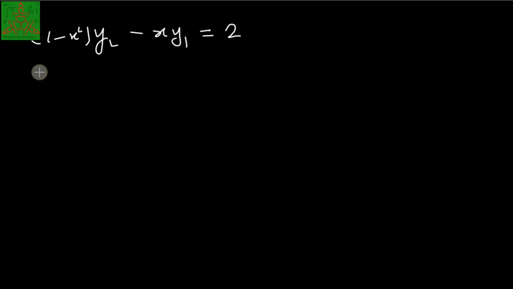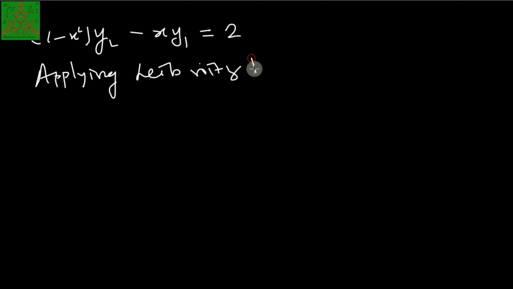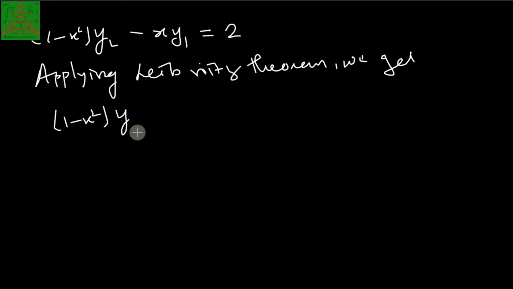So applying Leibnitz rule, we get 1 minus x square as it is, and the derivative of y2 is yn plus 2.